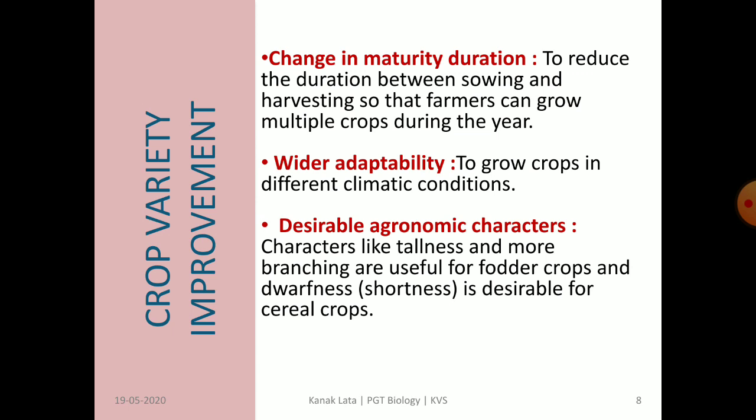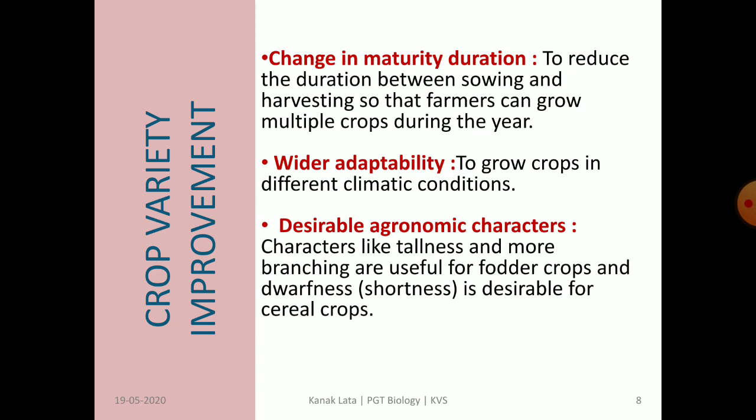We can reduce the duration between sowing and harvesting so that farmers can grow many crops during the whole year. We can also produce such a crop which can be grown in different climatic conditions, that is, it can adapt itself to any climate.